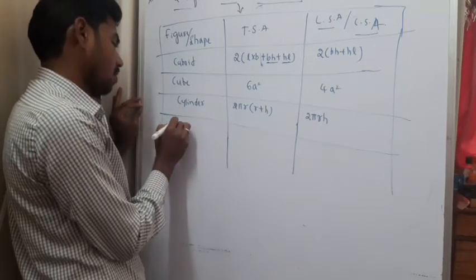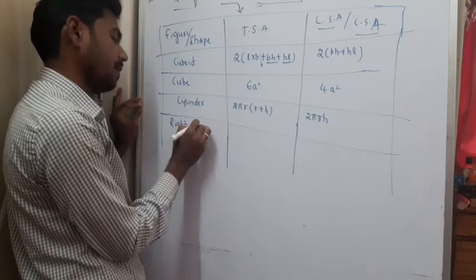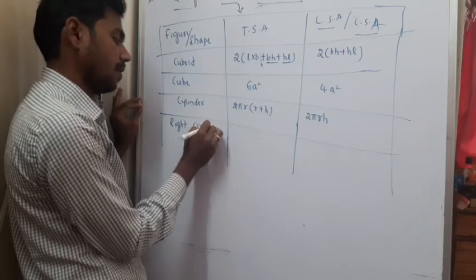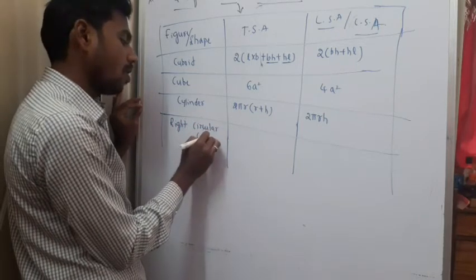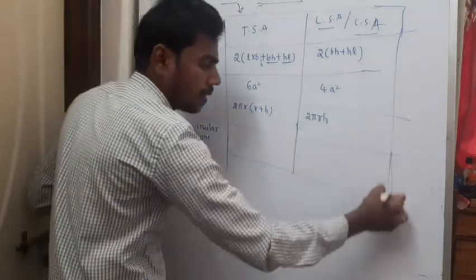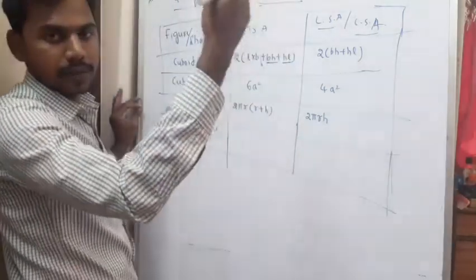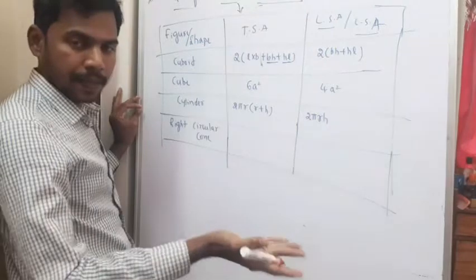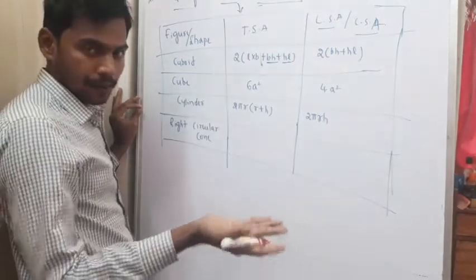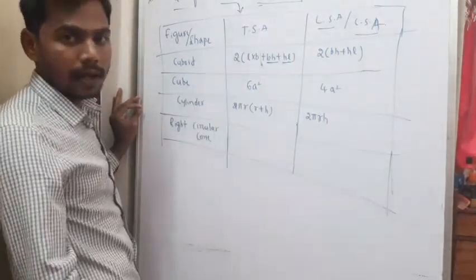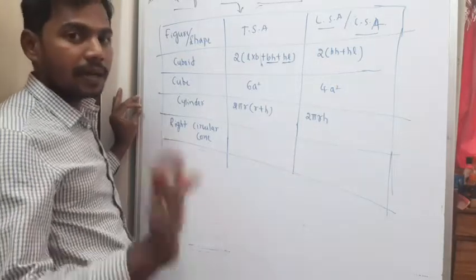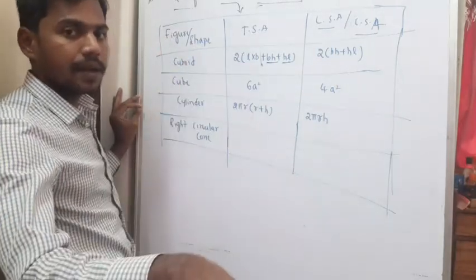Then right circular cone. What kind of cone? Right circular cone. When do we call it a right circular cone? The line segment joining the vertex of the cone to the base of the cone should be perpendicular to the base. If it is perpendicular to the base, then we call it a right circular cone.